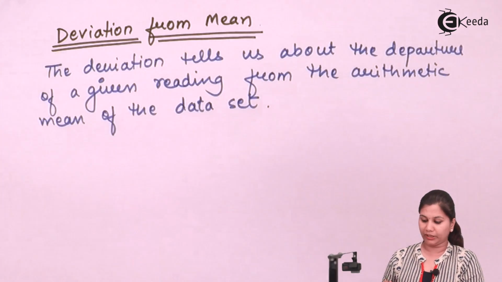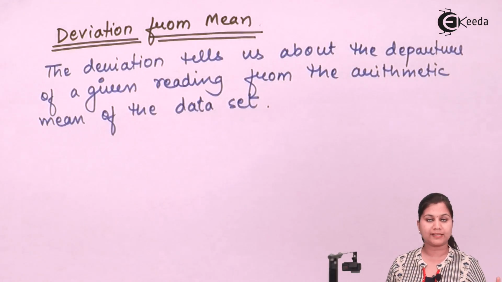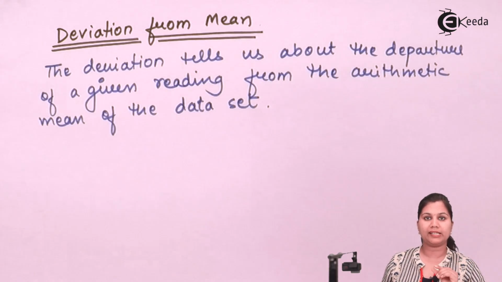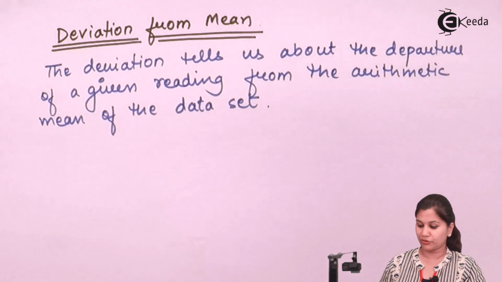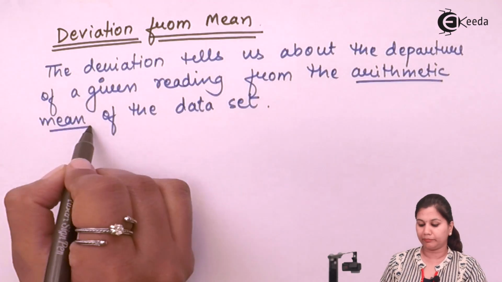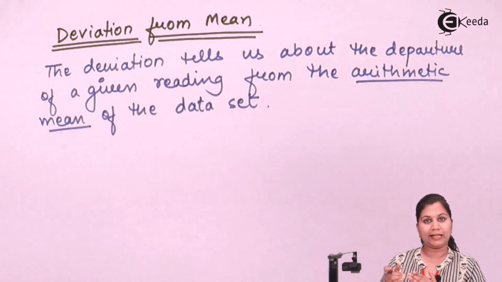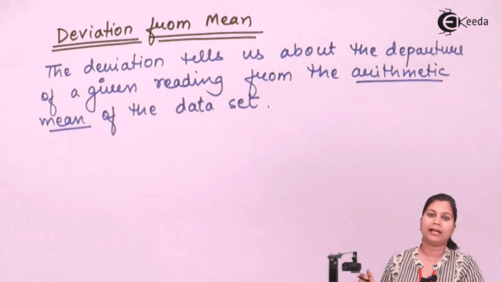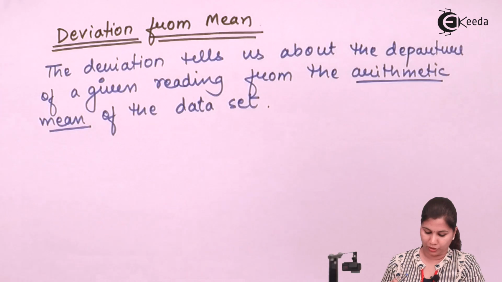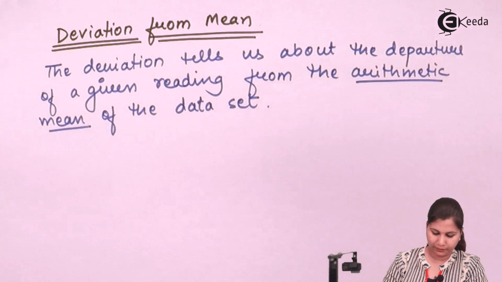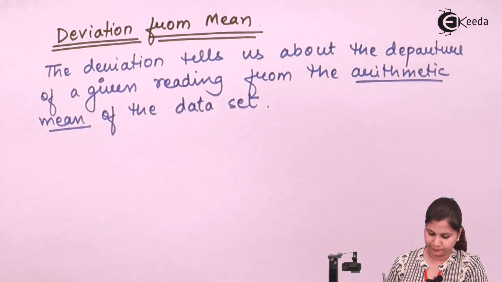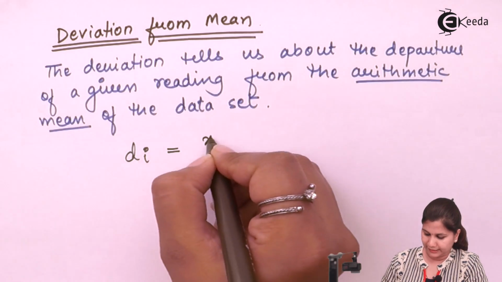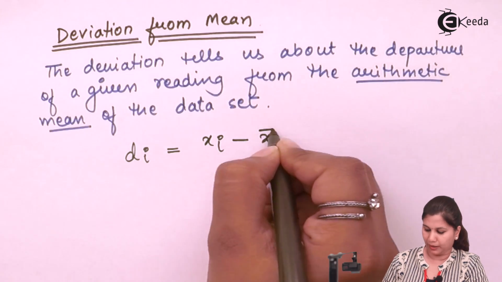We have taken a set of n readings, so by how much value each reading is deviating or departing from the arithmetic mean. We calculate the difference between the reading and the arithmetic mean, and that is the deviation. This deviation is denoted by d and is given as di equals xi minus x bar.